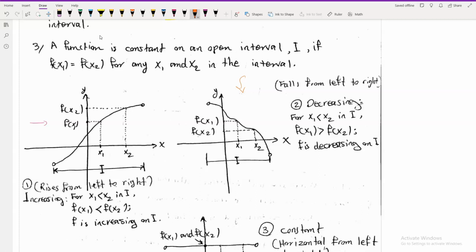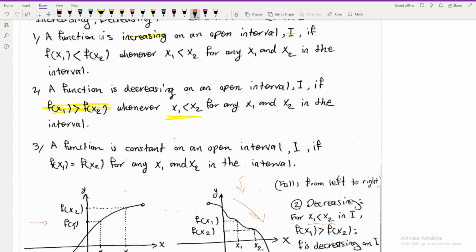From left to right, this graph is decreasing, meaning that when x1 is less than x2 in the open interval, f of x1 is greater than f of x2. So f is decreasing on the open interval.